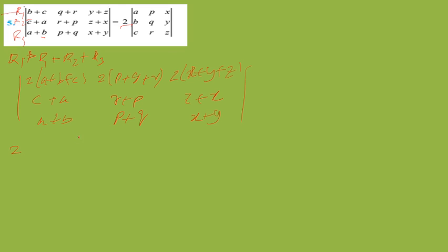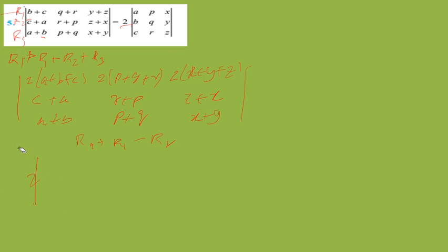I'm writing all at the same time. After taking 2 outside, I am changing R1 tends to R1 minus R2. R2 or R3, anything you can take. First of all, I took 2 outside.